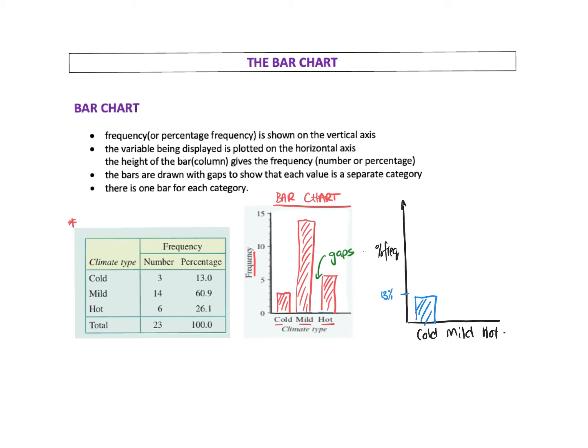Then mild, going up to here, would indicate roughly 60%. And then for hot, we'd say like that, and that would indicate over here 26%. All right.